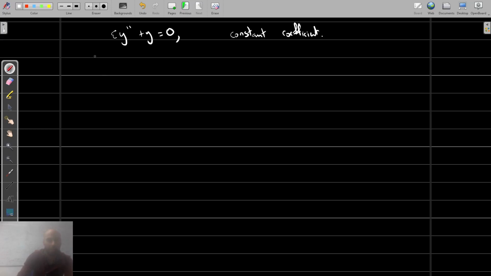So that means we can find the solution. We get epsilon lambda squared plus 1 equals 0, so lambda squared is minus 1 over epsilon. So lambda is plus or minus, we've got a negative sign here, so it's i over epsilon to the half.